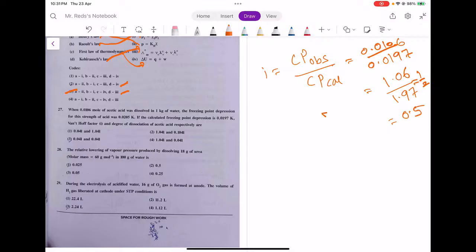I value is equal to 0.5. I value, alpha for the dissociation, is I minus 1 by n minus 1.